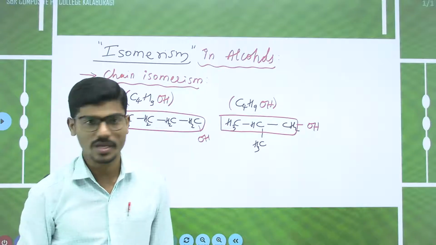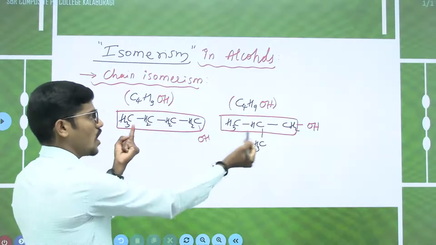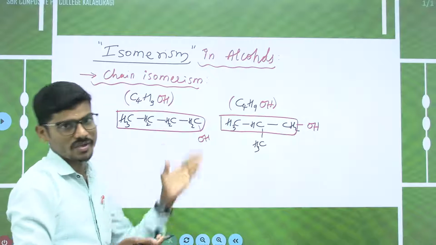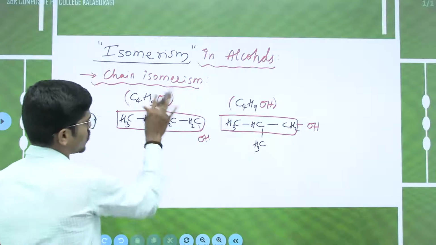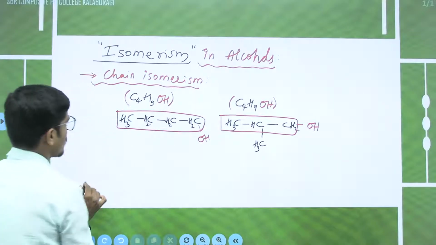Therefore, they are said to be chain isomers. These two are chain isomers of each other, and the phenomenon is called chain isomerism. This is very simple: different carbon chain.